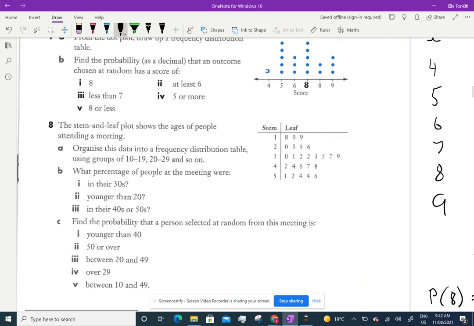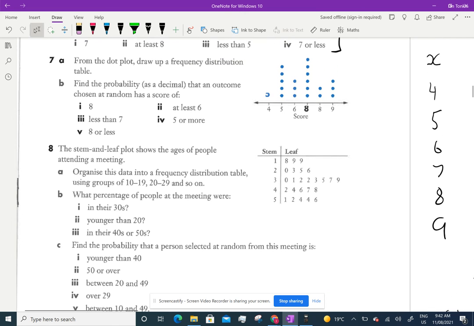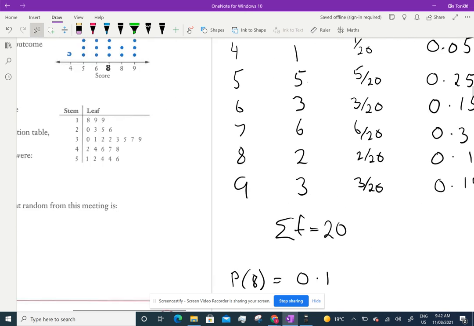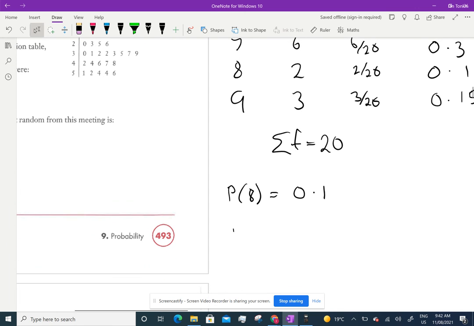What's the probability of at least a 6? At least a 6. Well, I can get 6, assuming that this is a mark or something. I've got to get the 6, the 7, the 8, and the 9. So the probability of at least getting 6 means you want 6 or more.